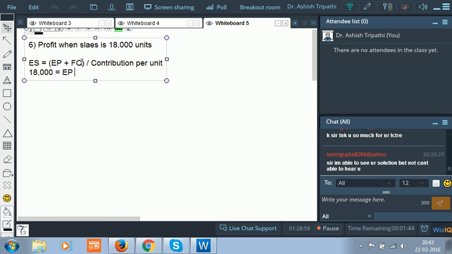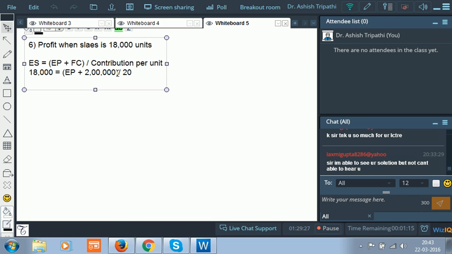So 18,000 is equal to, we want expected profit, we don't know, that is what we are here to calculate. Fixed cost is 2 lakhs upon contribution per unit. Contribution per unit is 20.